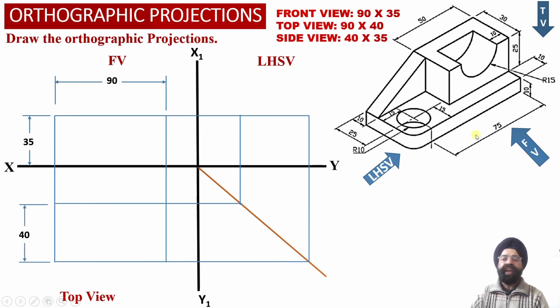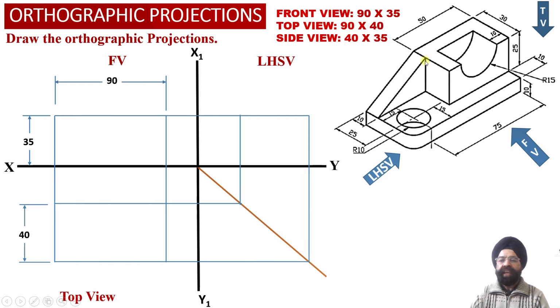Now let us evaluate the orthographic projections of the solid by dividing the solid into multiple elements over here. So the element number 1 happens to be a horizontal web which is lying onto the base of the solid, and this horizontal web is carrying a central hole onto the left hand side portion of the solid over here.